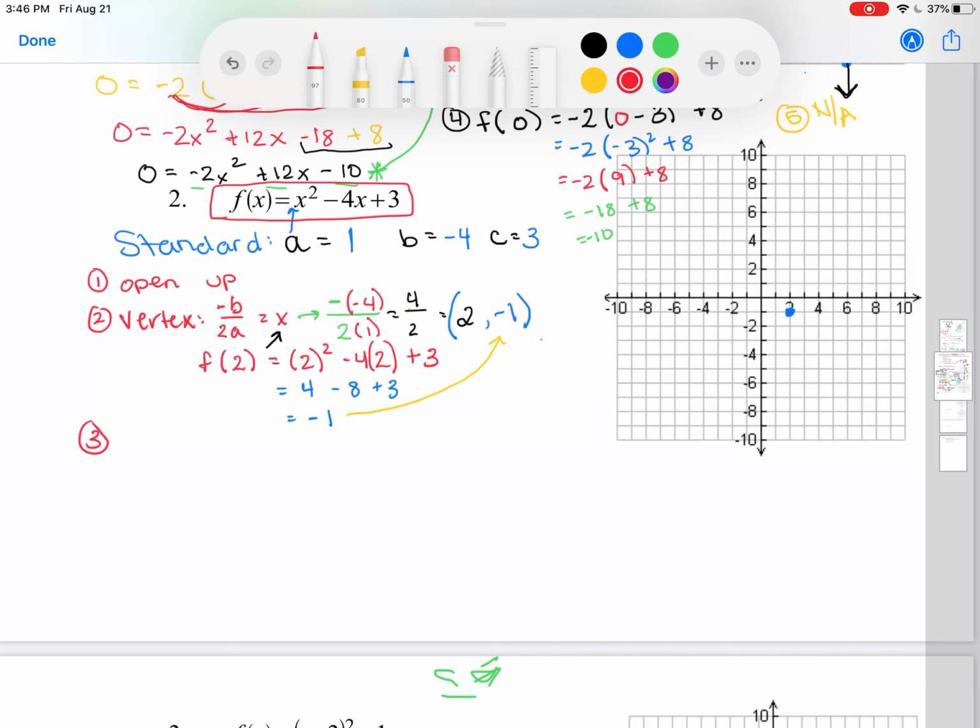Again, I said problem 1 was going to have the longest step 3 that we'll see, so this one will be a little bit easier. Since this one's in standard form, again, we can solve it one of two ways. We can use the quadratic formula, or we can see if it's factorable, and if it is, we can factor it.